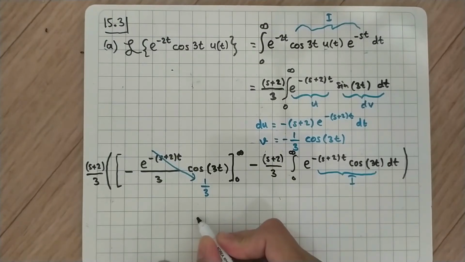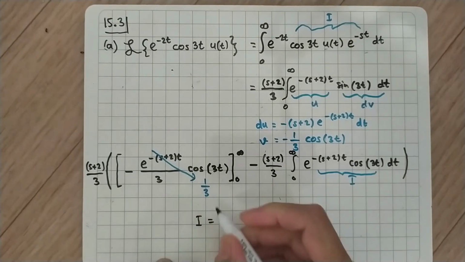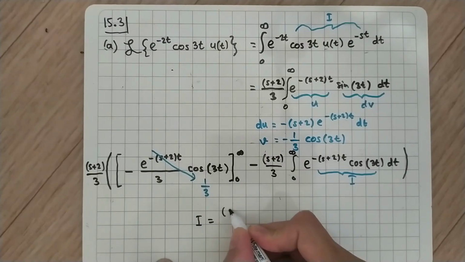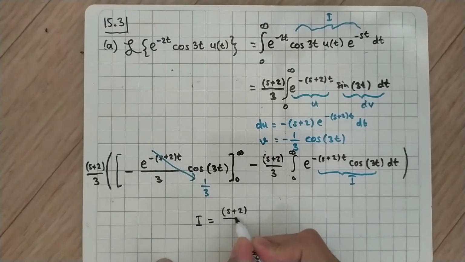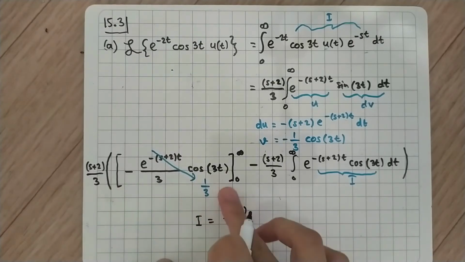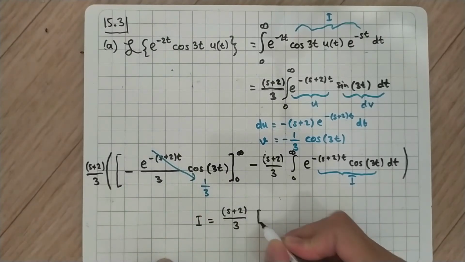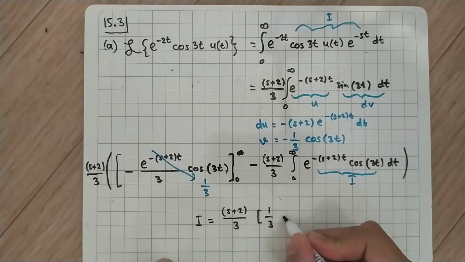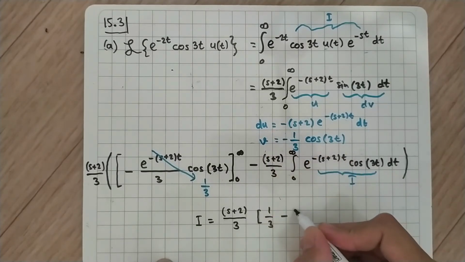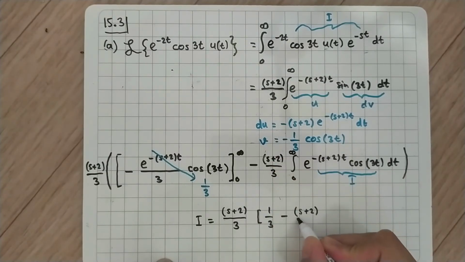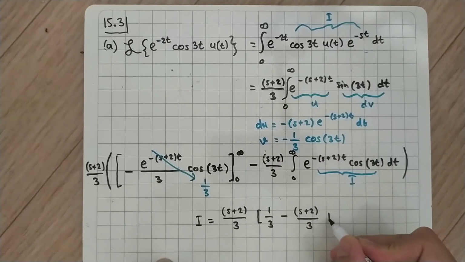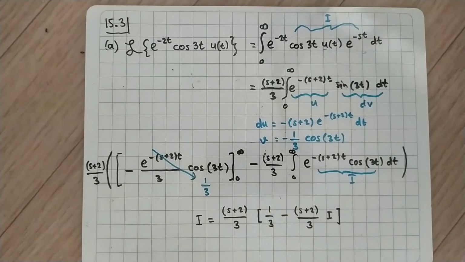So I will have I is equal to this one, s plus 2 over 3, and then this will equal 1/3, so this is 1/3, and then minus this one will be s plus 2 over 3 multiplied by I. Okay, so now we only need to solve this for I, and we will see what the result is. Okay, let's clean the board.